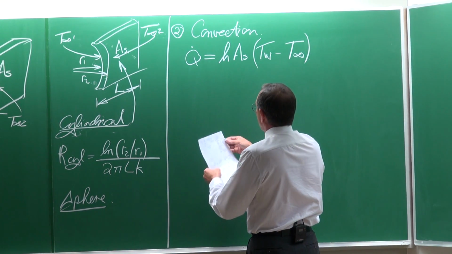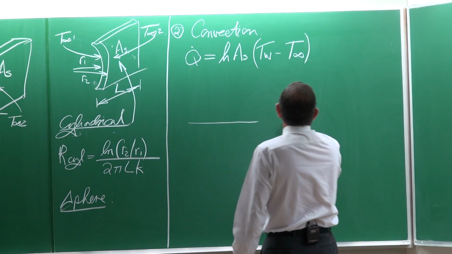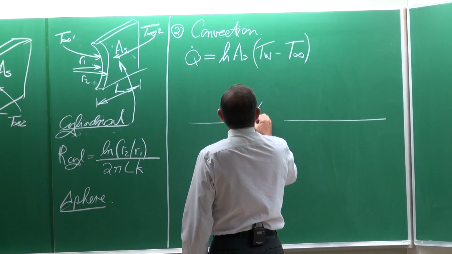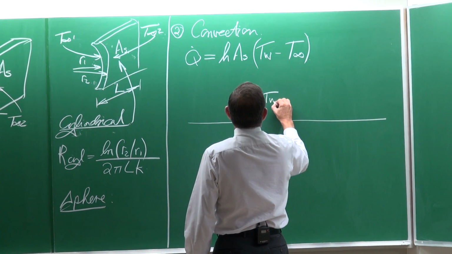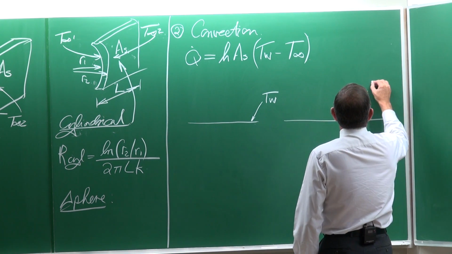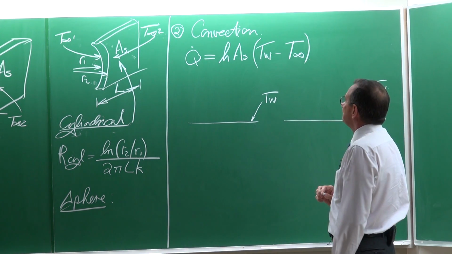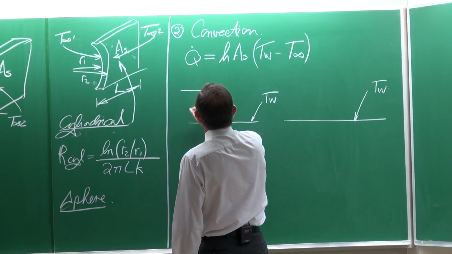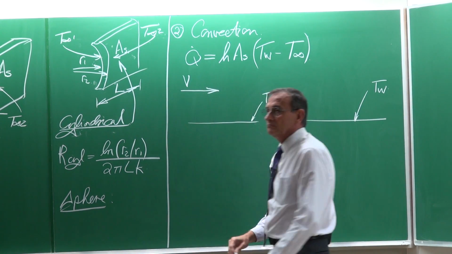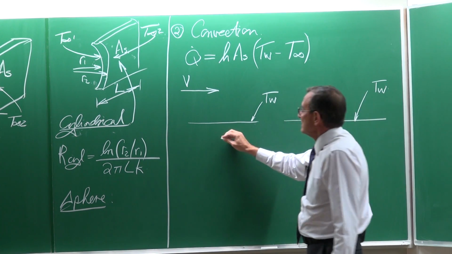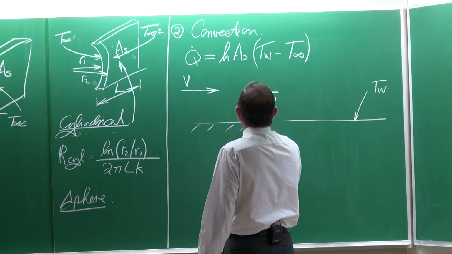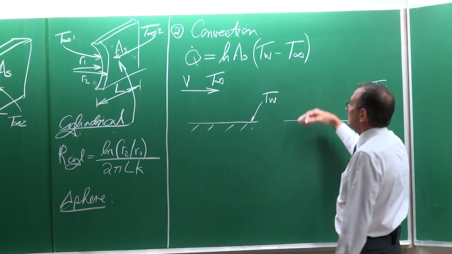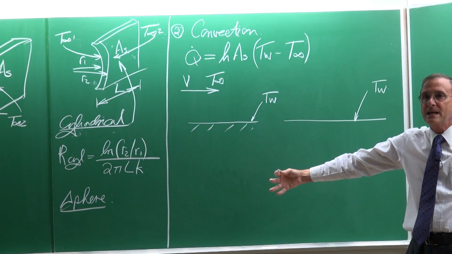So if we have a surface here, and I'm going to show you two different scenarios, where that temperature is equal to T of the wall, here you're going to have a velocity that flows over this plate, which is at a different temperature than that of the air or the free stream.